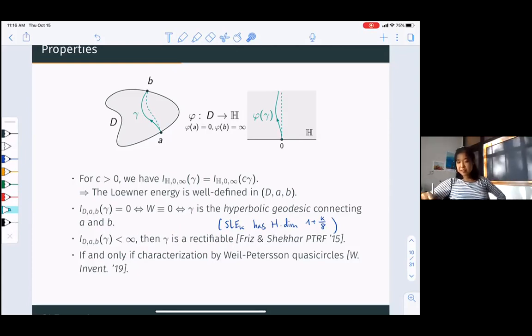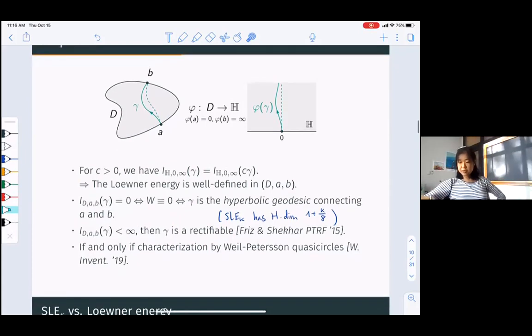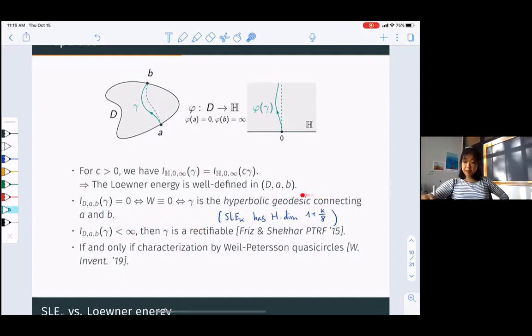It's probably not very surprising. You will see it's related to the kappa goes to 0 case, but still, SLE kappa curves are more fractal than finite energy curves. And being rectifiable is not a sufficient condition for the energy to be finite.